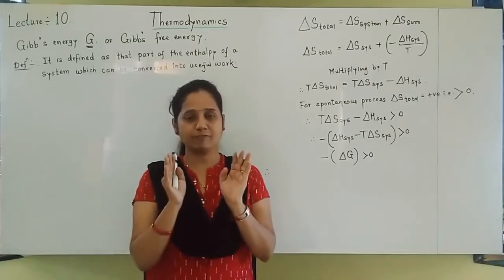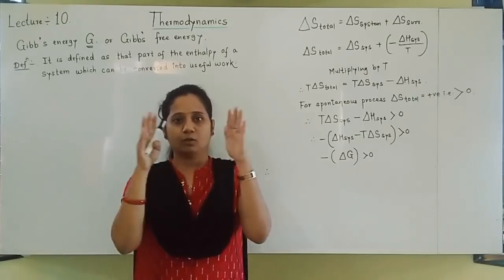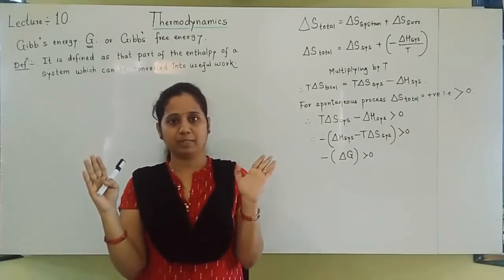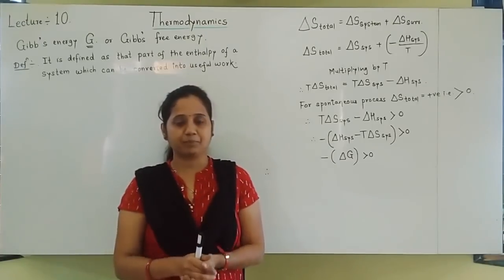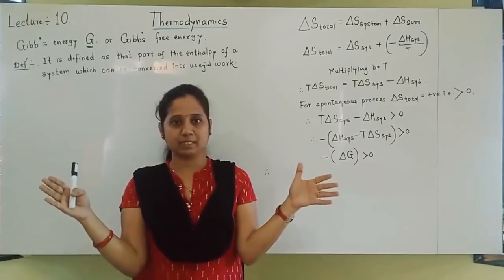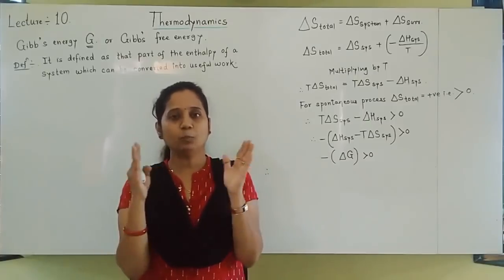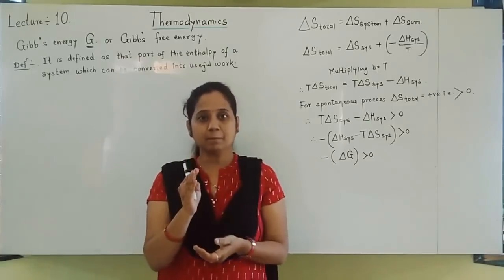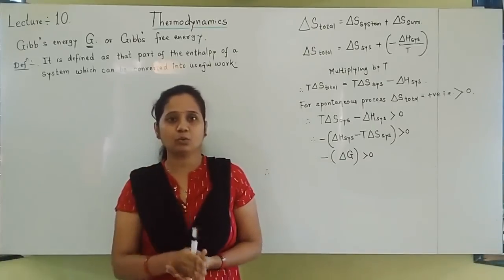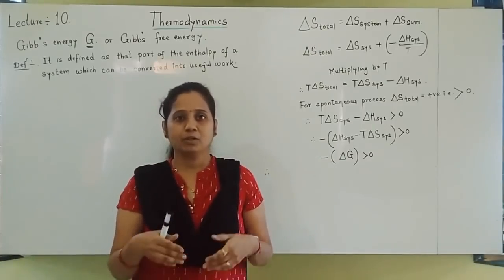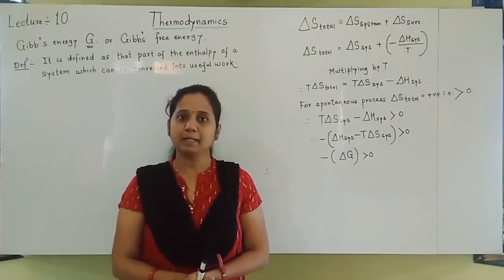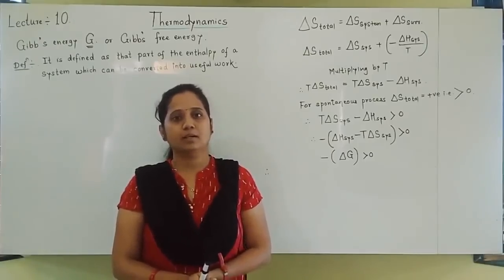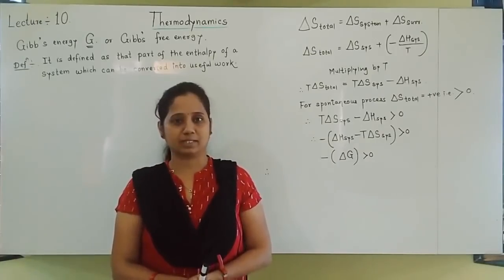Now students, first understand that the total enthalpy of a system will be there. Enthalpy means the total heat content of the system. The total enthalpy of the system has two parts. Some part is available for useful work. That part can be used for performing useful work.